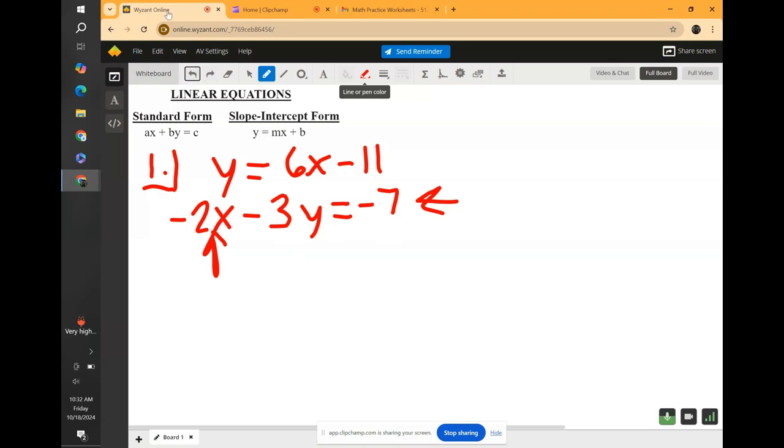Now, I say that because I think in your sections before this, you learned how to convert back and forth between slope-intercept and standard form. This one, we don't necessarily have to do that. We can just use this equation to substitute. You're probably thinking that right away, because we have a 1y, we can throw that 1y into the other one.